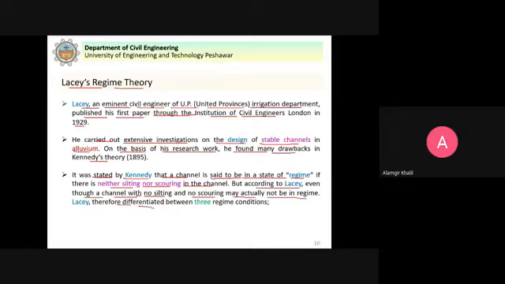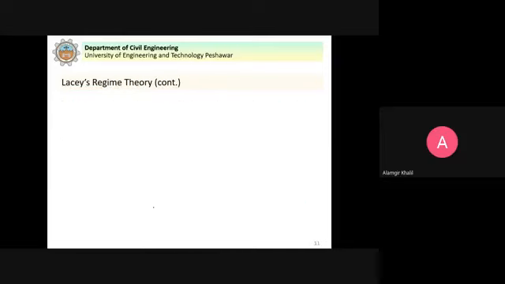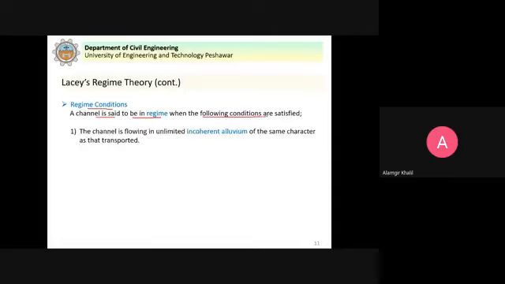Lacey therefore differentiated between three regime conditions: true regime, initial regime, and final regime. So, regime conditions. A channel is said to be in a regime when the following conditions are satisfied. Number one, the channel is flowing in unlimited incoherent alluvium of the same character as that transported.